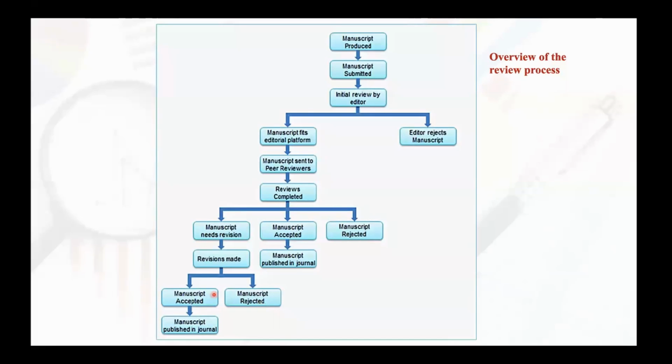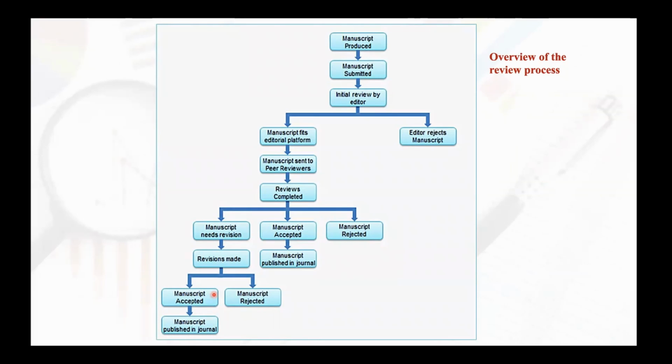Once the manuscript is accepted, you will be informed, and the next stage is that it will go to the layout team or design desk, and they will design it according to the format of the journal, and then they will send you the proof, and then the paper will be published.